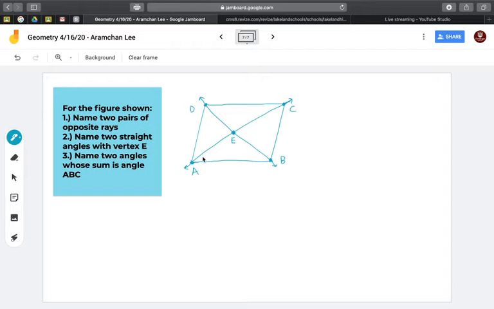So, if we remember what an opposite ray is, it's two rays that share an endpoint and extend in two different directions. All three of their points must be collinear. So, looking at this figure, I can see that there should be opposite rays here and opposite rays here. So, ray ED and ray EB are opposite rays. They share endpoint E and extend in two different directions.